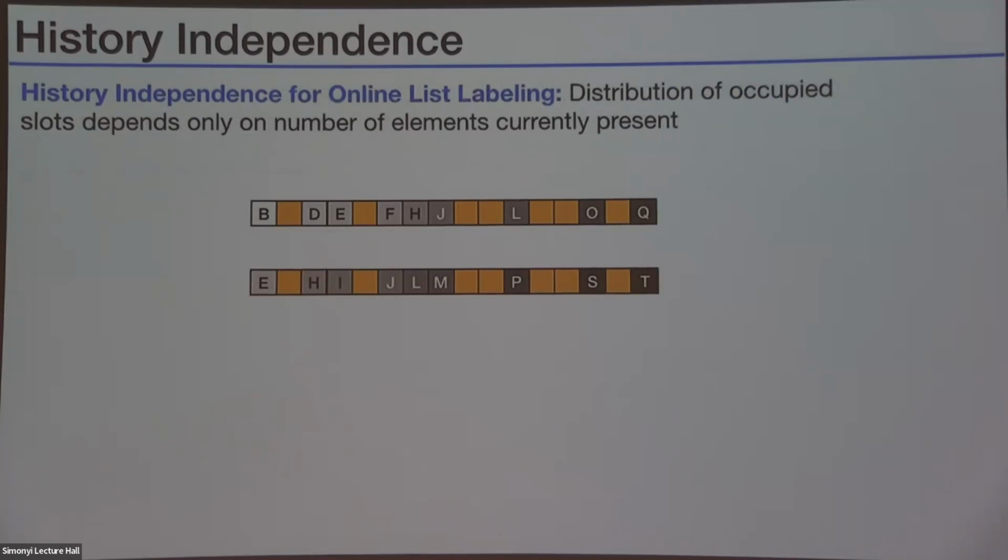For list labeling, the definition of history independence is that the distribution of occupied slots, and this distribution is based on the randomness of the algorithm, depends only on the number of elements currently present. So if I have 10 elements in my array, I immediately know the distribution of all the slots that could be occupied. If I have 20, it's some other distribution, and I immediately know that.